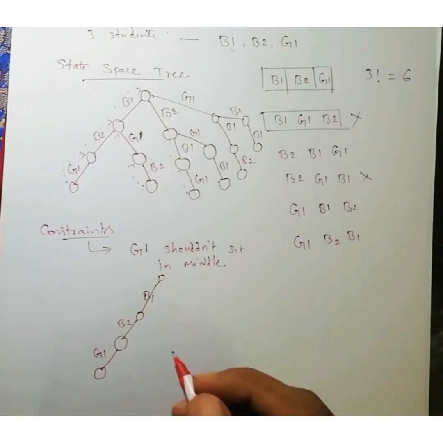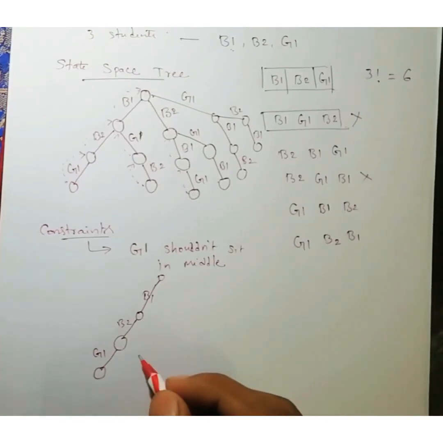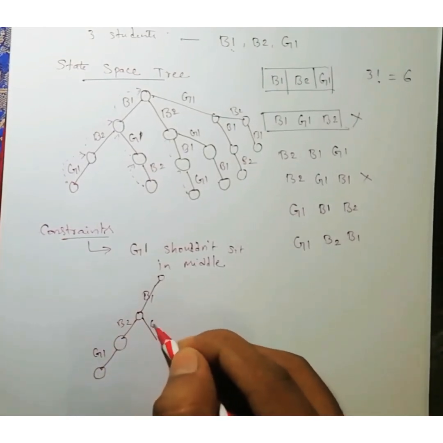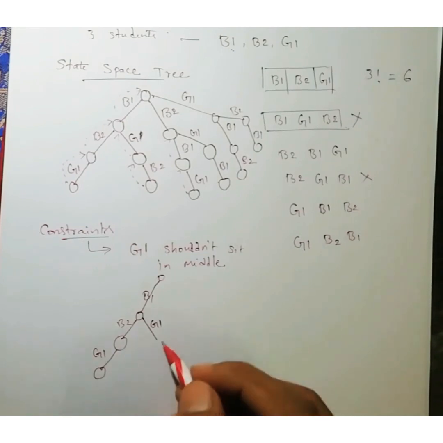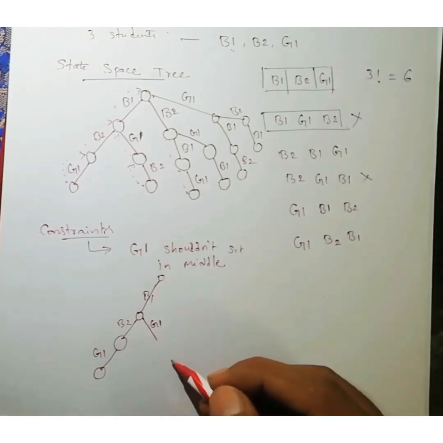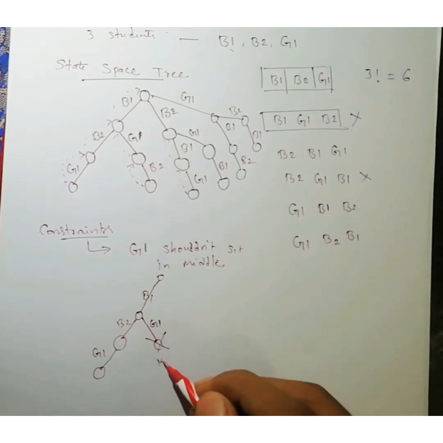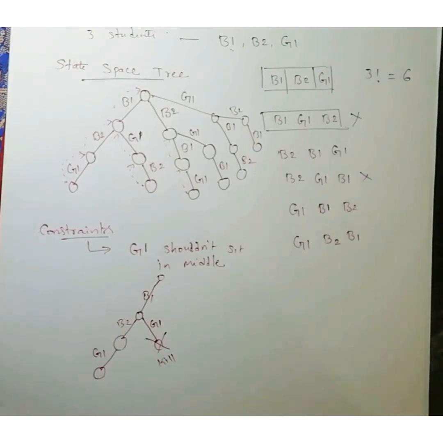What is the second possibility? Just go back. Here the girl is sitting between the boys. Can the girl sit between boys? No. That means we kill this path, and we are killing it by using the bounding function.